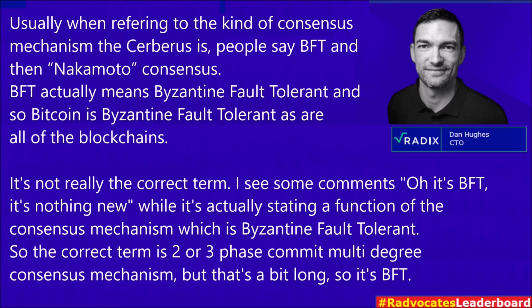I've seen some comments on Telegram where people said, "Oh, it's BFT, so it's nothing new." But you're actually just stating a function of the consensus mechanism, which is that it's Byzantine Fault Tolerant. The correct term is 2 and 3 phase commit multi-degree consensus mechanism, but that's a bit long, so everyone just shortens it to BFT generally.